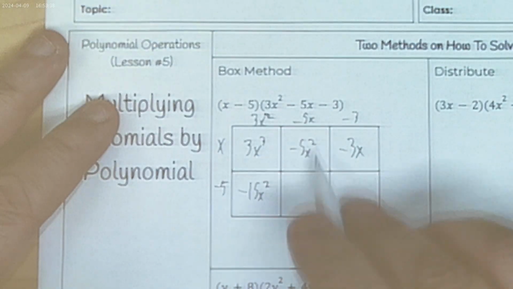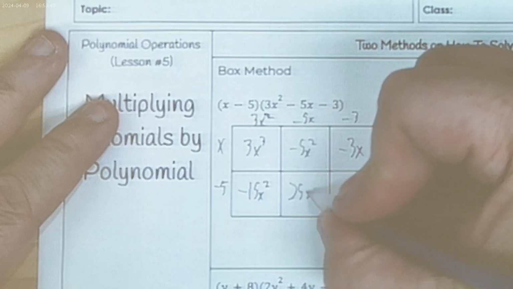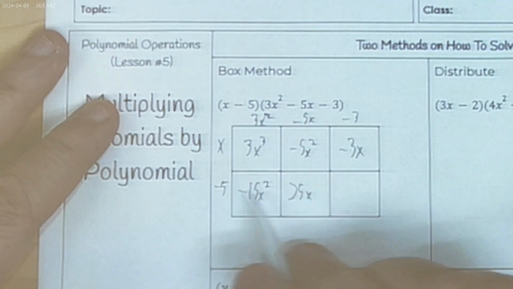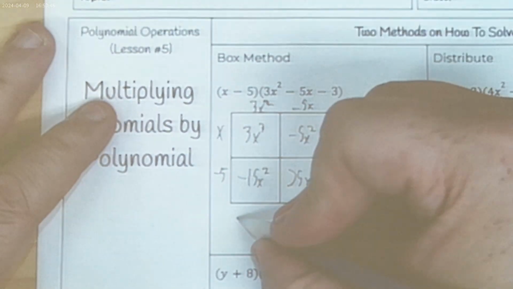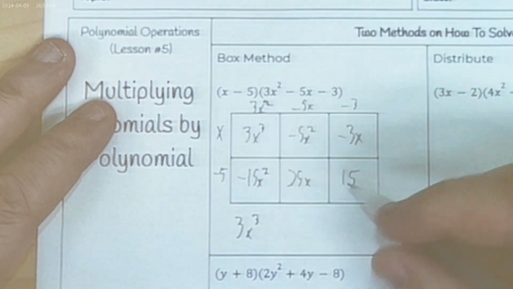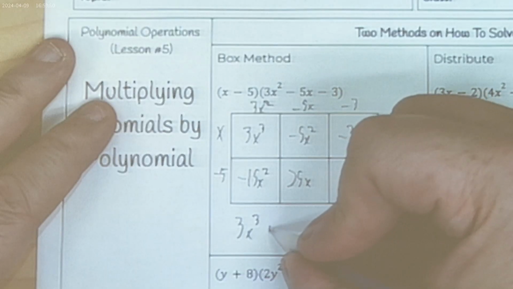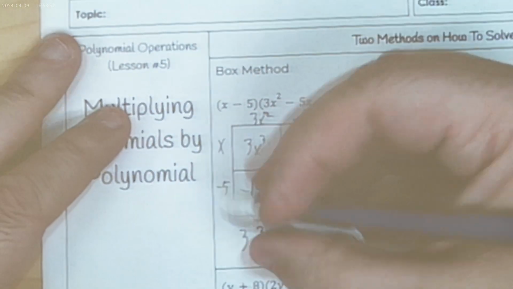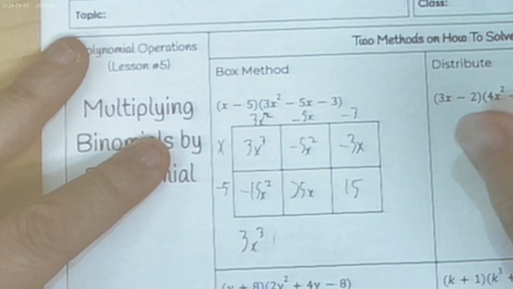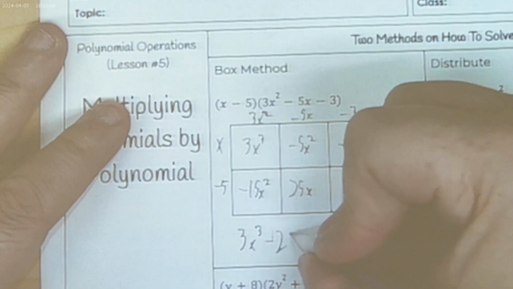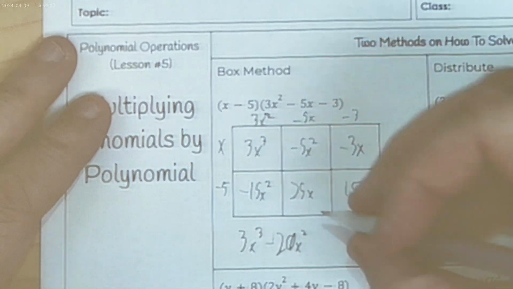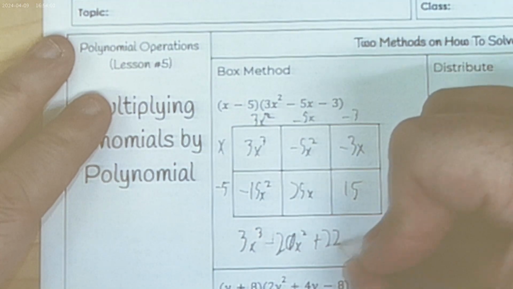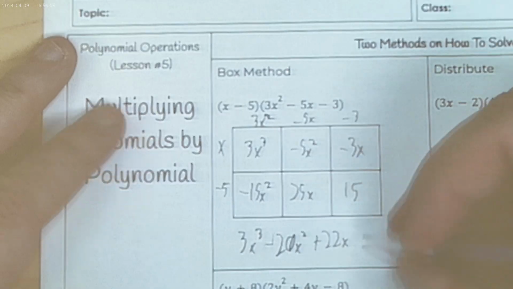Negative 5 times negative 5x is 25x. Negative 5 times negative 3 is 15. And we combine terms, which gives me 3x to the third, minus 20x squared, plus 22x, plus 15.